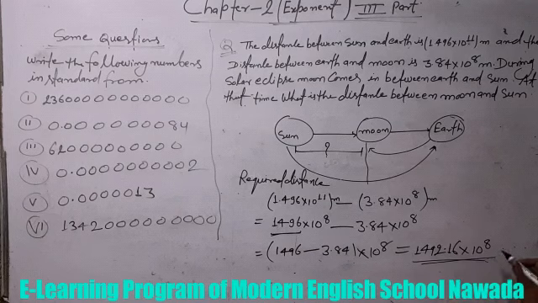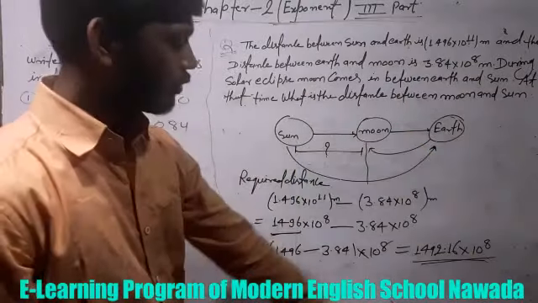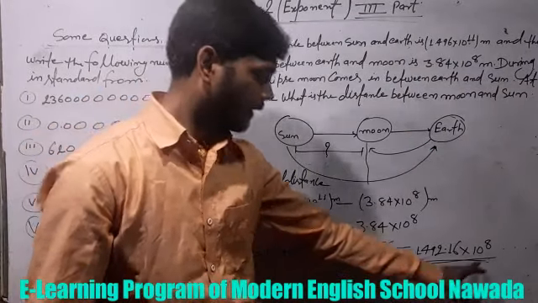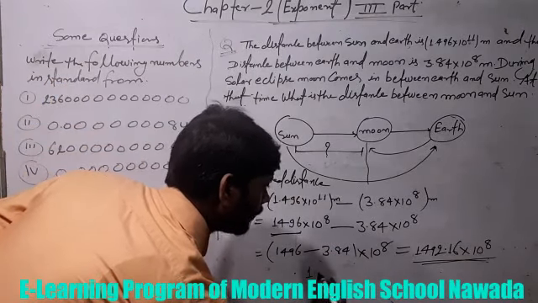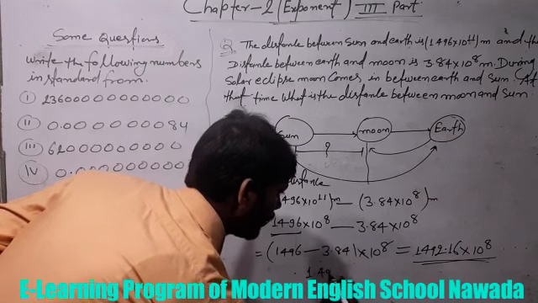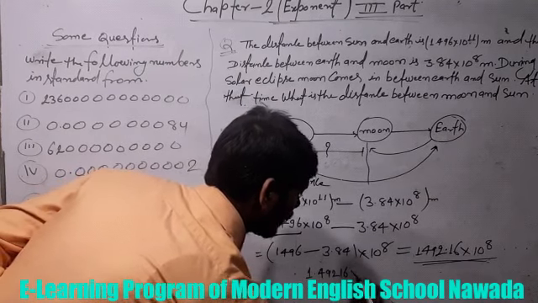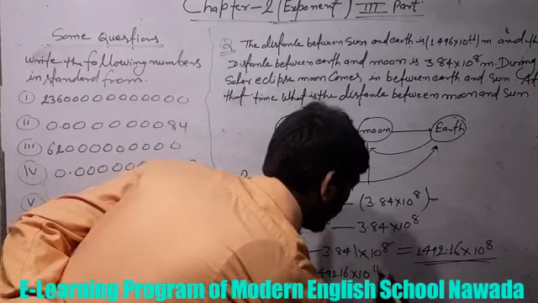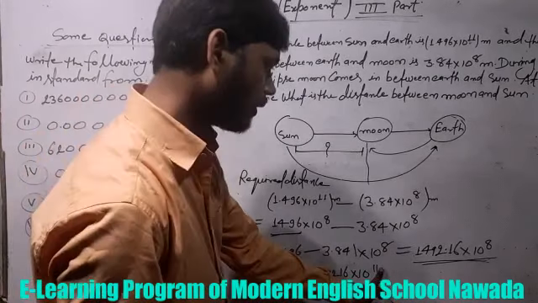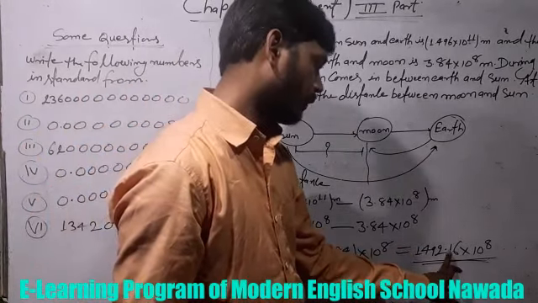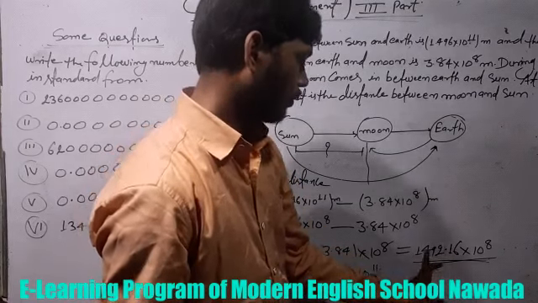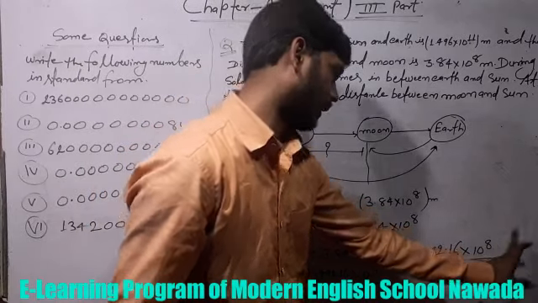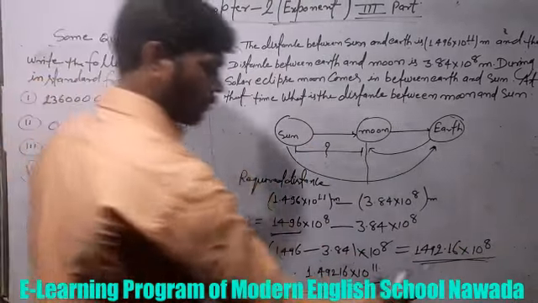This is your answer, and here you can also change the number into standard form like 1.49216 into 10 to the power 11. Why will the power be 11? Because the point comes 3 digits from right to left, so the power increases by 3. So this is your answer.